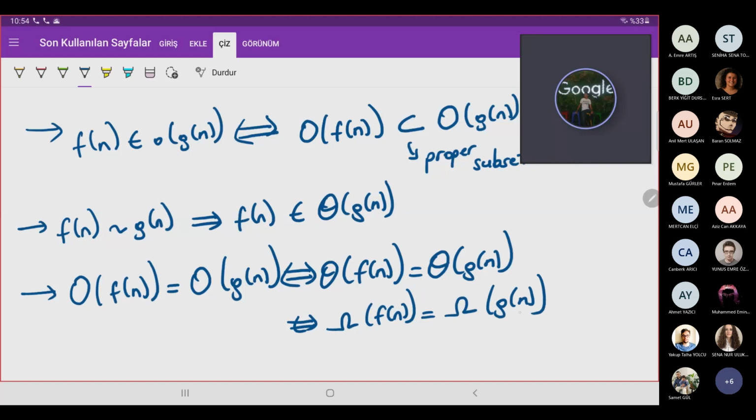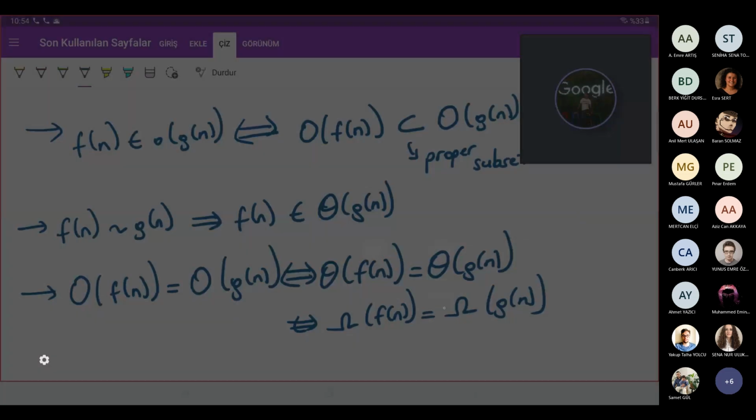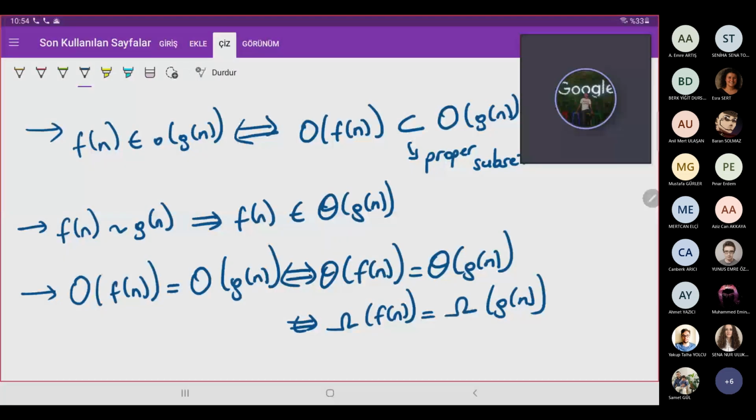So this is like a three-way if and only if. So this if and only if is true, this if and only if is true, which also means that the if and only if between big O and big omega is also true. So any questions up until here?